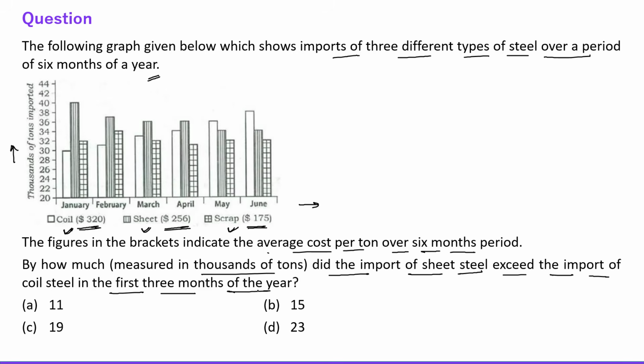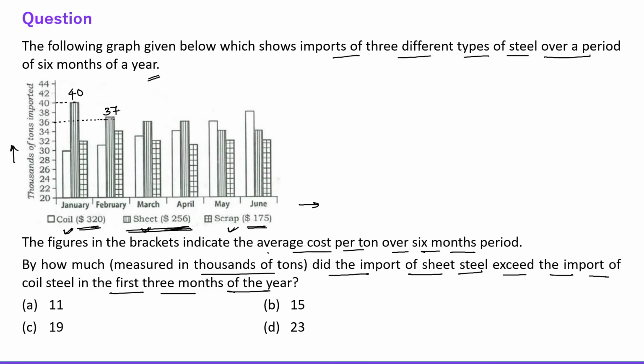Okay, so they have talked about sheet steel. So what is sheet steel? Sheet steel is here. For the first 3 months, it means for January, February and March we need to calculate. So sheet steel for January is 40. Sheet steel for February is slightly more than 36.